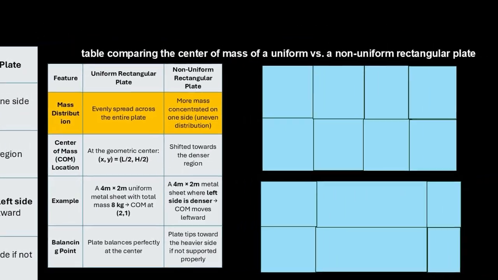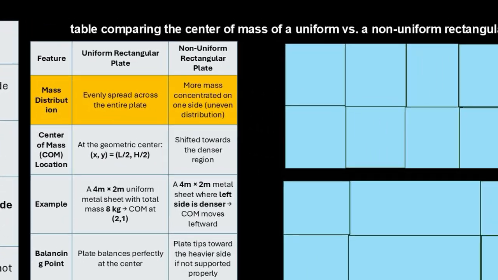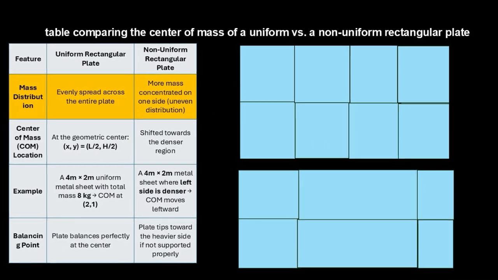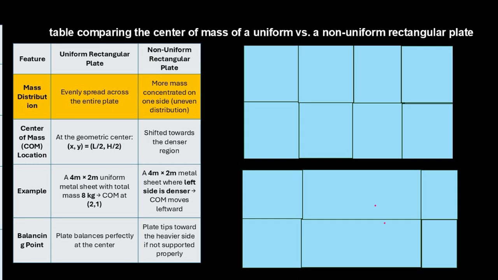Now, if we were to compare the center of mass of a uniform versus non-uniform rectangular plate, this is where we drew the diagram earlier. So if this was the center of mass of an even plate, then for an uneven distribution, it would shift towards the side where there is more mass density.